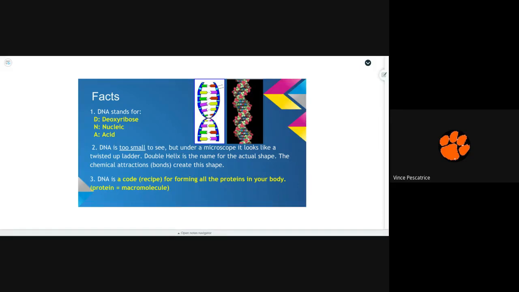It is too small to see with the naked eye, but under microscopes it looks like a twisted up ladder. They call this the double helix.